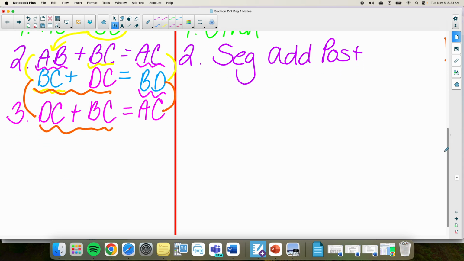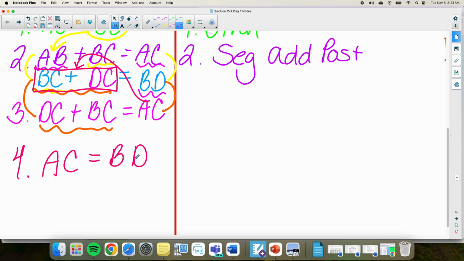Or another way to think of that is you could say because BD equals this, and AC also equals that same thing, you could take AC and put it in there. So what I could say then is that AC equals BD, and that would be, actually I didn't do either of these reasons. What do we do in both of those cases? Substitute it. So this is a little bit harder of a proof.